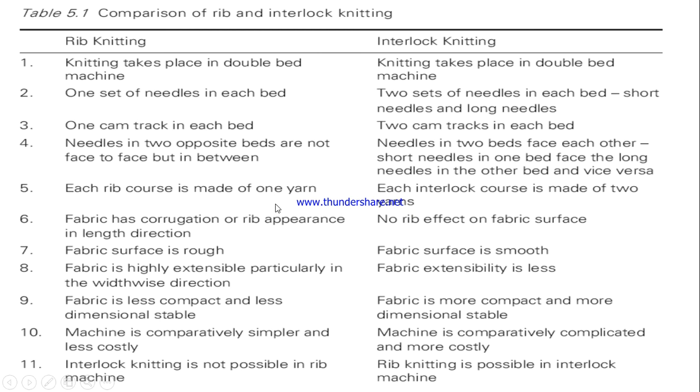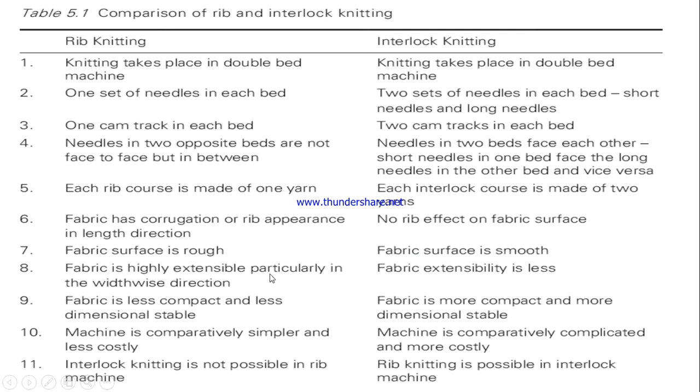Each rib course is made of one yarn. Each interlock course is made of two yarns. So minimum two yarns are required for the interlock knitting, whereas a single yarn is sufficient for making rib jersey. Rib fabric has corrugation or rib appearance in length direction; interlock has no rib effect. Rib fabric surface is rough; interlock fabric surface is smooth.